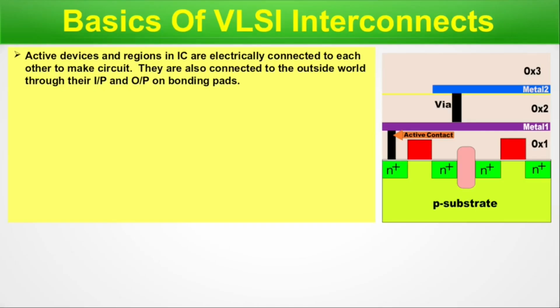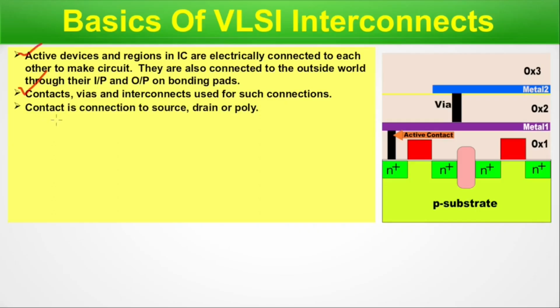So active devices and regions in an IC are electrically connected to each other to make a circuit. They are also connected to the outside world through their input and output bonding pads. Contacts, vias and interconnects are used for such connections. Depending on the position of the electrical connection, we call them contacts or vias or interconnects.